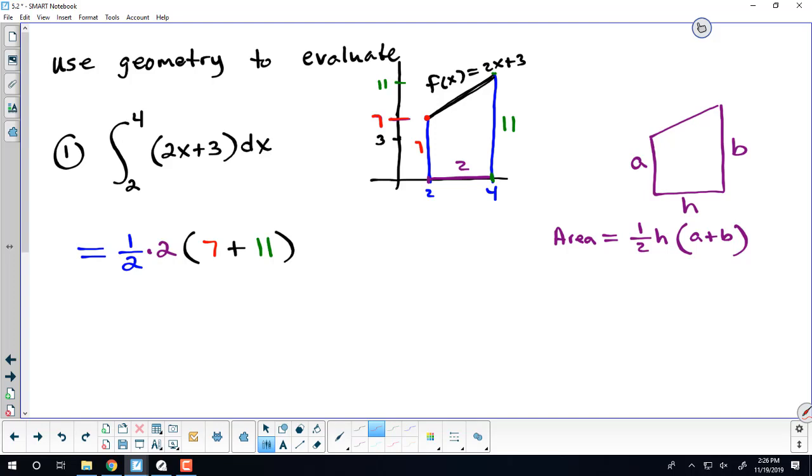So when we evaluate that, the exact area of that figure, or the definite integral, is equal to 18.